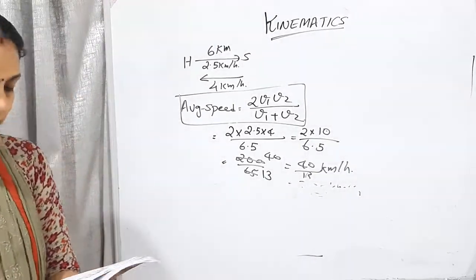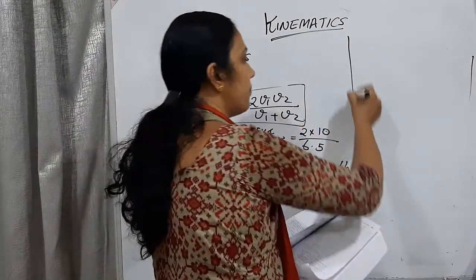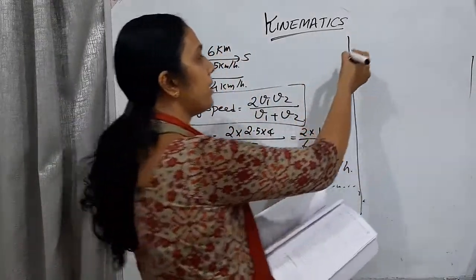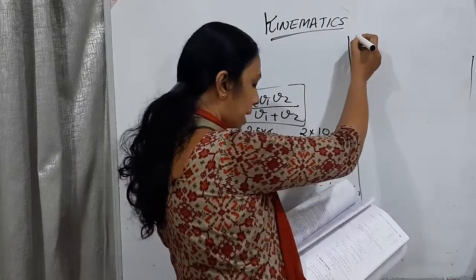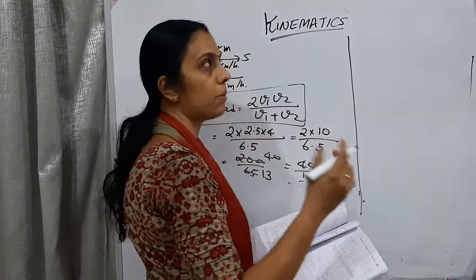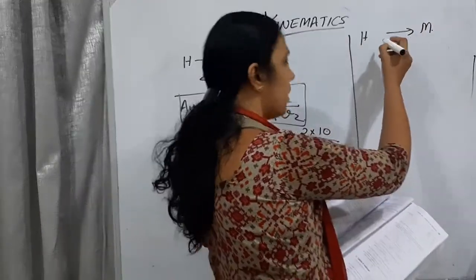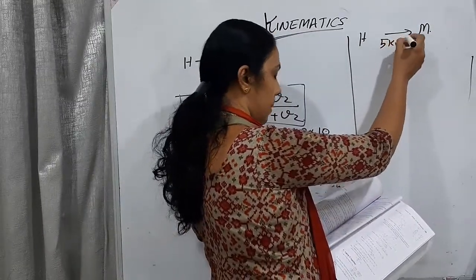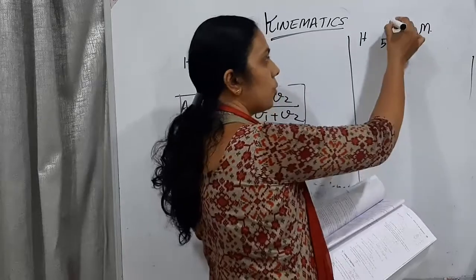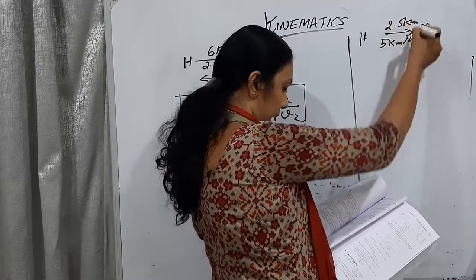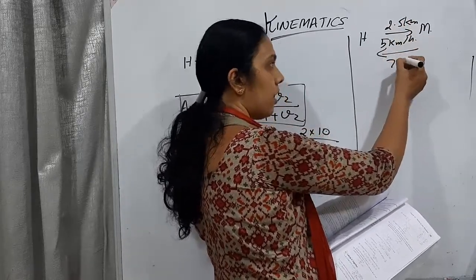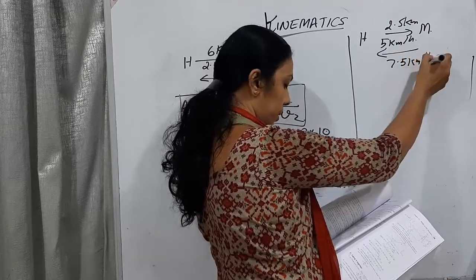So here, the same way, a man walks on a straight road from his home to the market at a speed of 5 kilometer per hour, and this is 2.5 kilometer away, and back with a speed of 7.5 kilometer per hour.